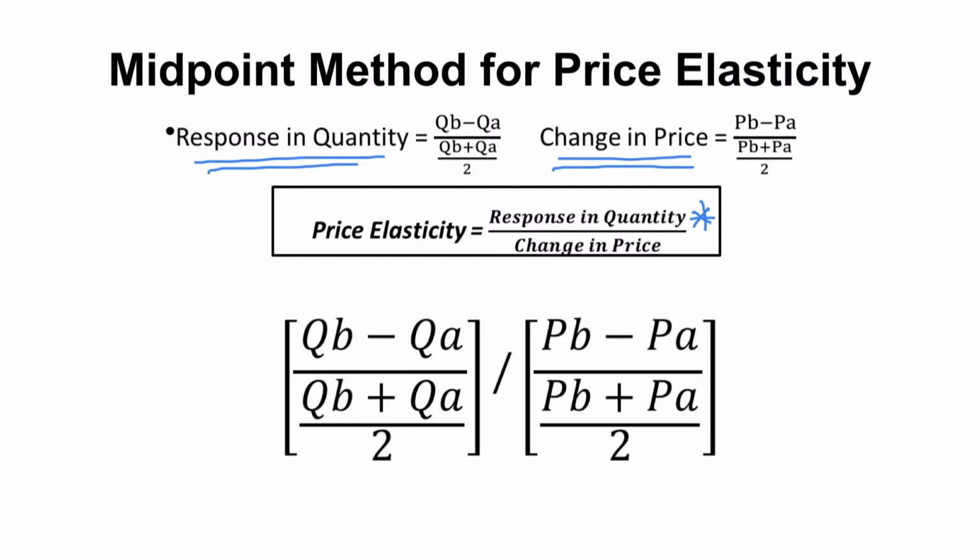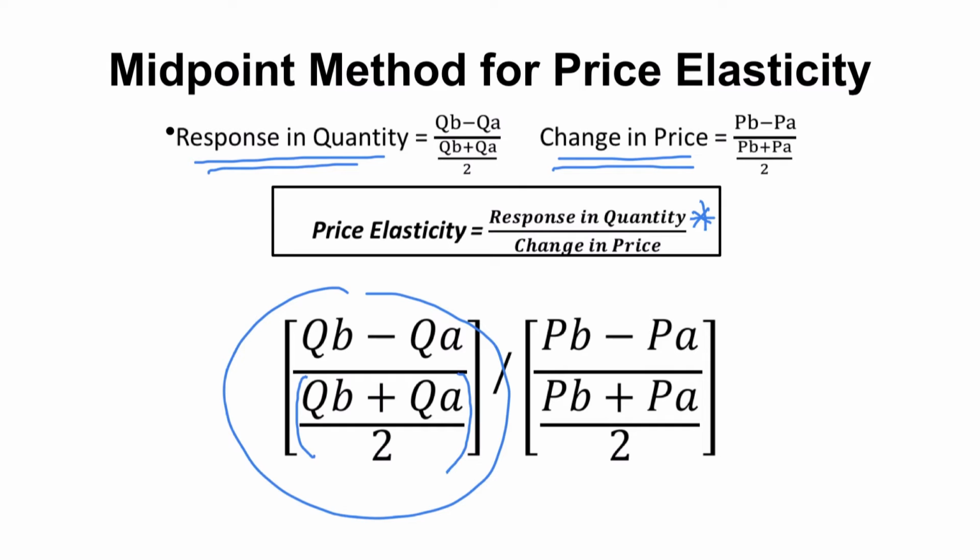We use the midpoint method to analyze price elasticity and quantify price elasticity of demand or price elasticity of supply. Specifically, the formula that we use is for the numerator, we take QB, or the quantity at equilibrium B, minus QA, the quantity at equilibrium A, divided by (QB plus QA) divided by 2.